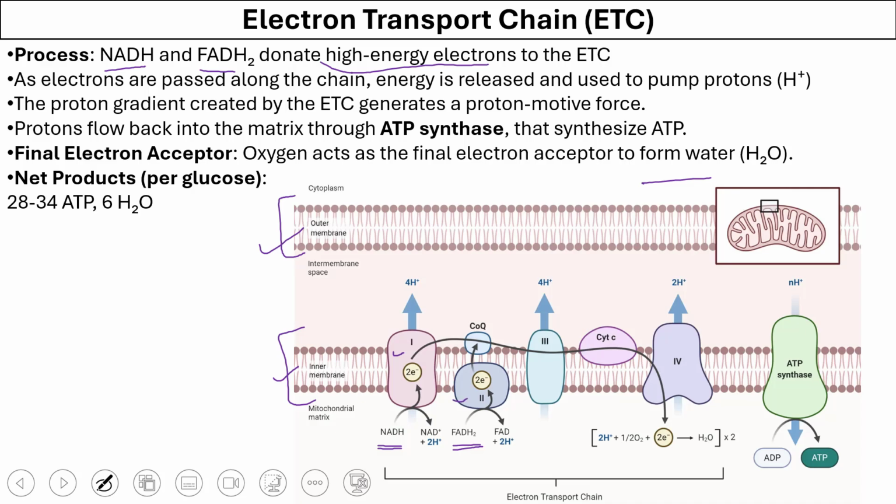At both these reactions, you will see that there is a release of hydrogen ions, and these hydrogen ions will be transported outside. Since NADH is producing more hydrogen ions, it will generate more potential energy at this reaction.